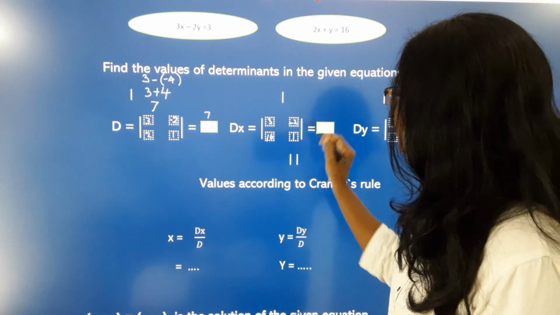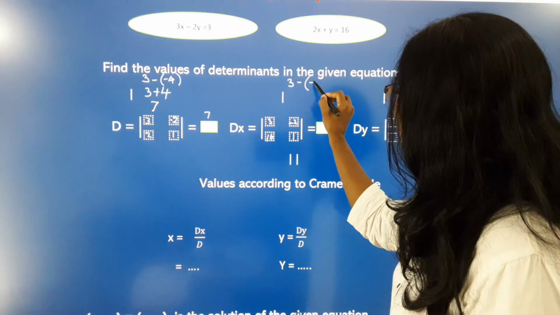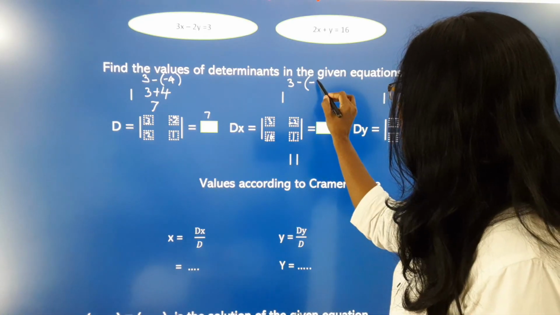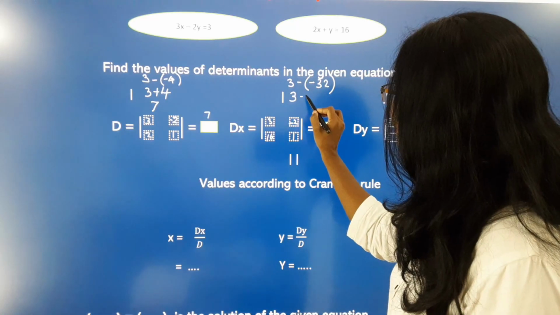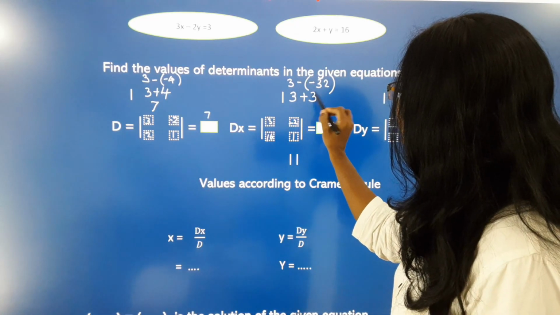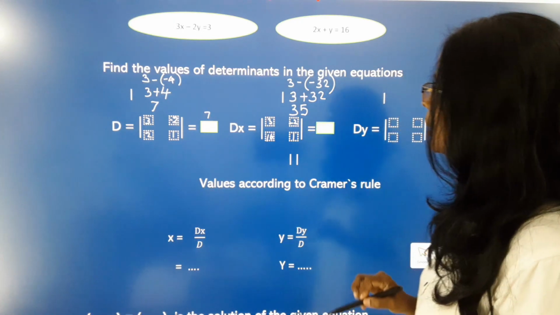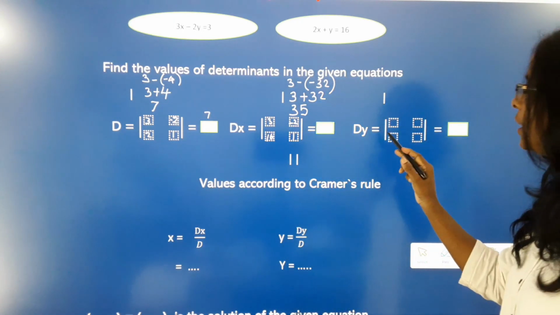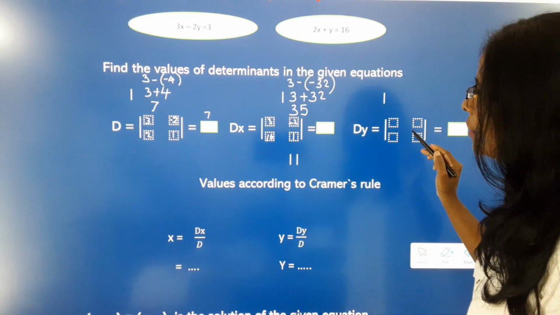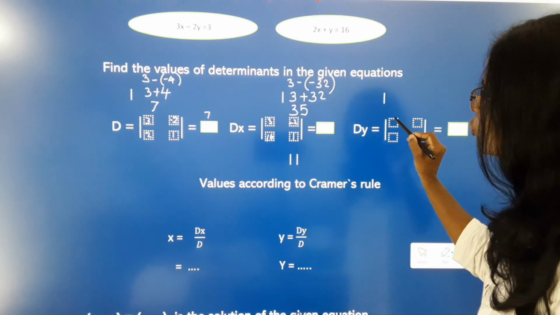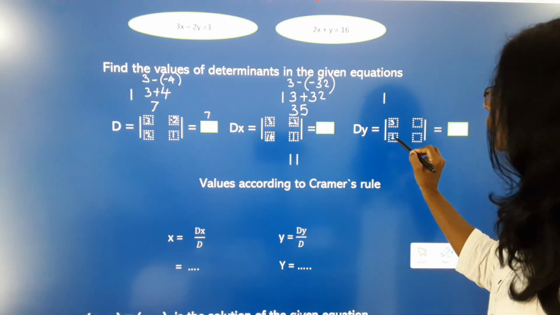Calculate by cross multiplication. 3 minus 16 times minus 2, so 3 plus 32, which is equal to 35. Then next, D of y: hide the y coefficient, that means write down the x coefficient as it is, that is 3, 2.